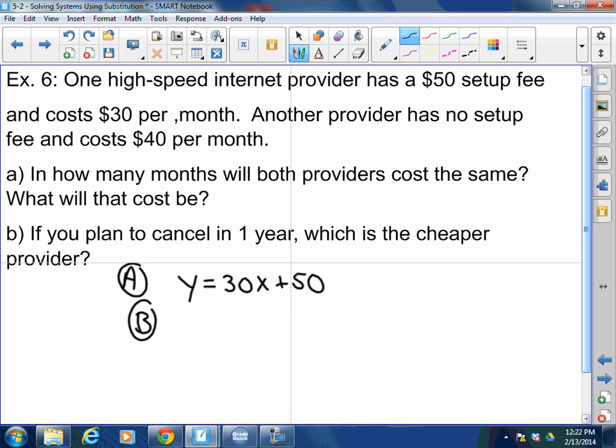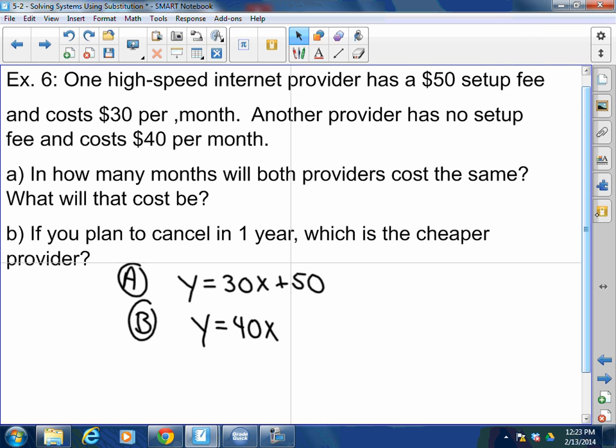Company B. Company B says another provider has no setup fee and costs $40 per month. So this is just 40x. That's the hard part. And how many months will both providers cost the same?